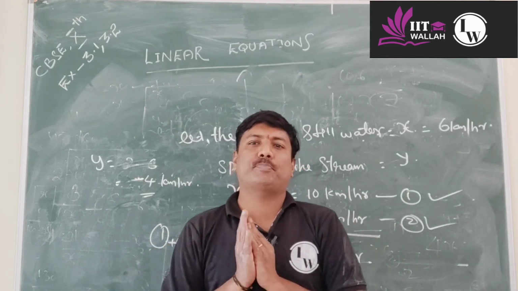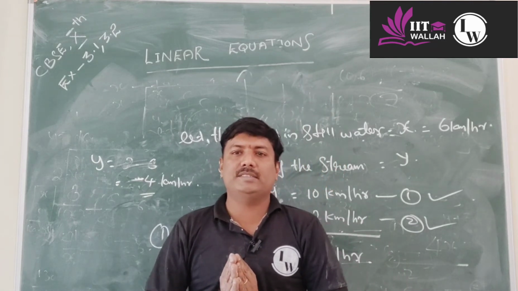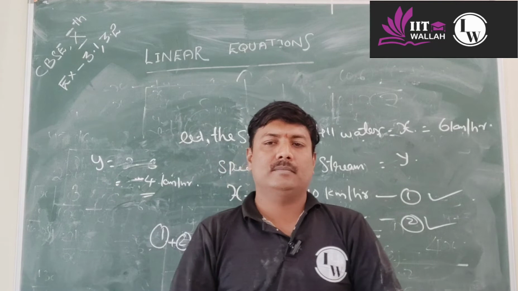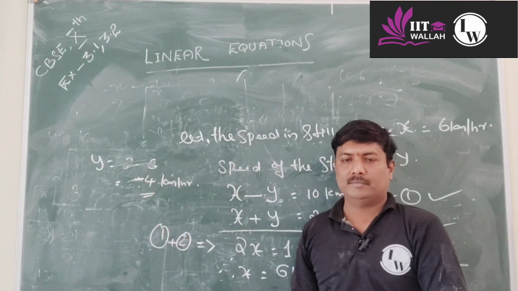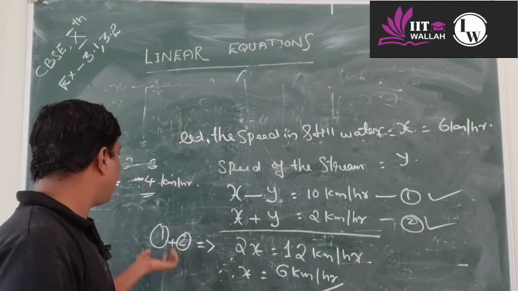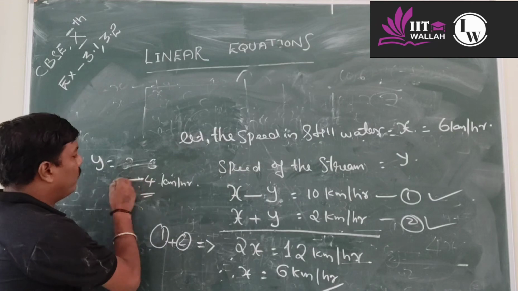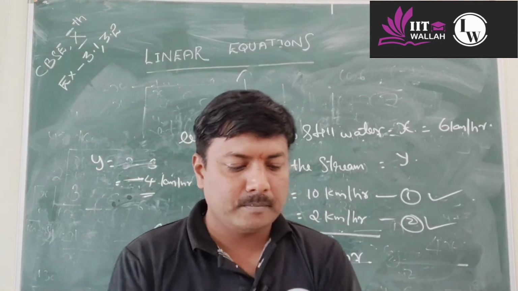Because velocity or speed in a straight line is relative. This you already learned in physics. Relative velocity. So here we are considering the relative velocity. So we got 6 km per hour and 4 km per hour in the opposite direction. Minus represents the direction here.